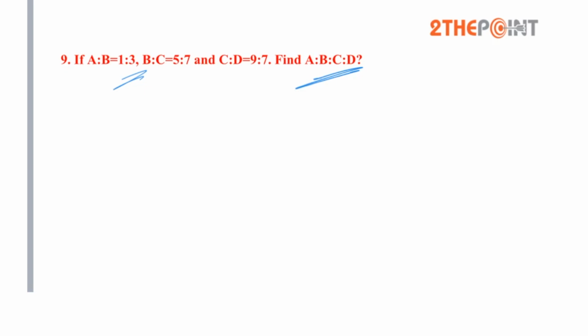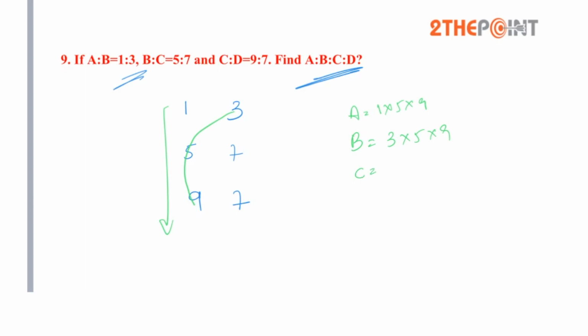Write the ratios one below the other, that is A is to B in the first line, B is to C in the second and C is to D in the next line. Here A will be the multiples of 1, 5 and 9, and B will be the multiples of 3, 5 and 9, and C will be the multiples of 3, 7 and 9, and finally D will be the multiples of all the last line, that is 3 into 7 into 7.